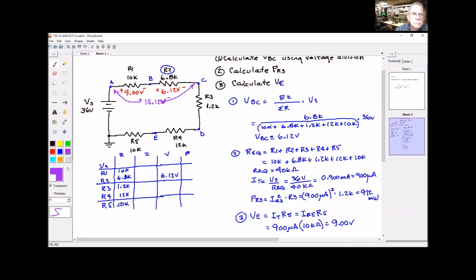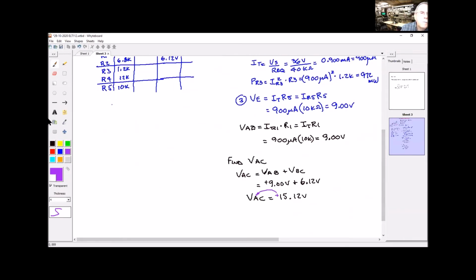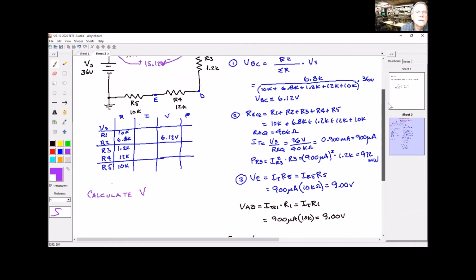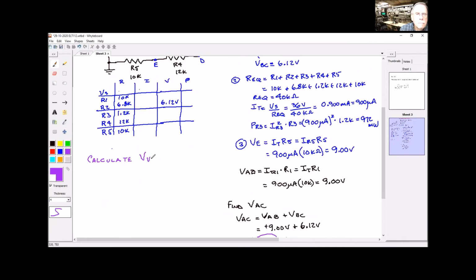Calculate VCD, and then calculate VBD. And then calculate VCA. So take a couple of minutes, try those.